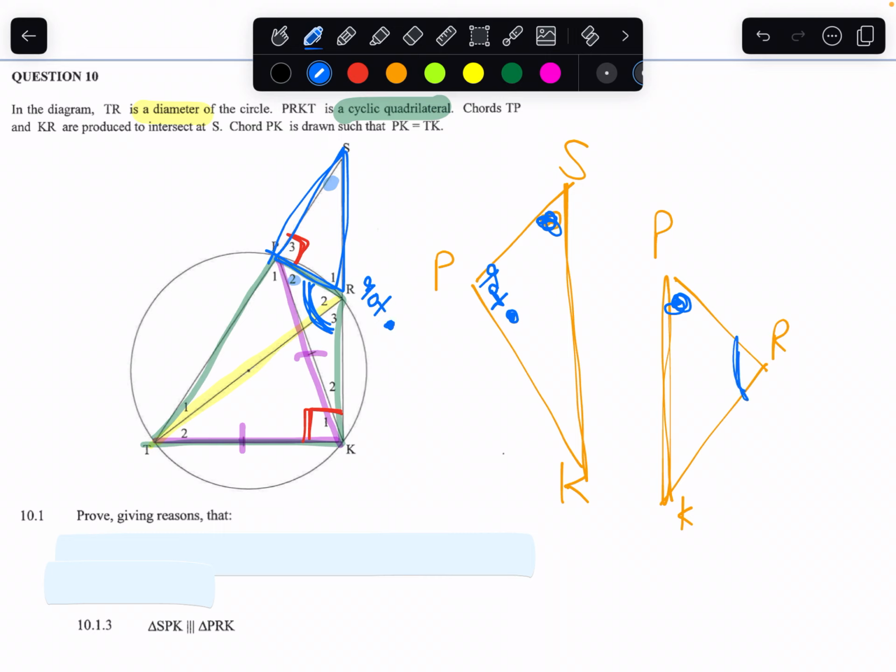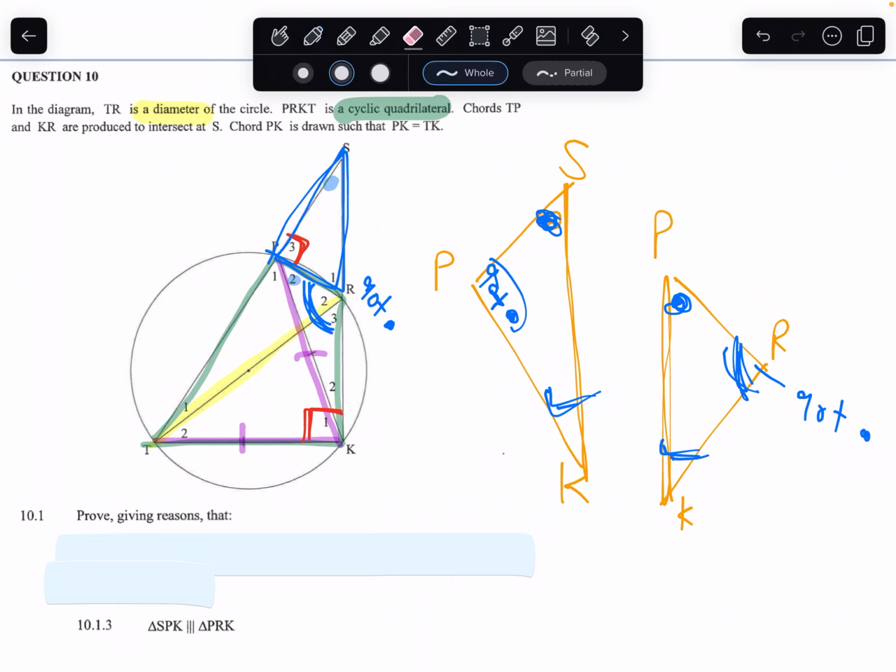And then the third angle is equal by default. If these two match, then the other one must be the same because of the angle sum of triangles. So a lot of the work we already covered in the last question, which is cool.